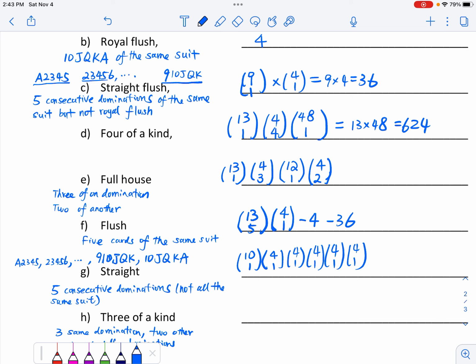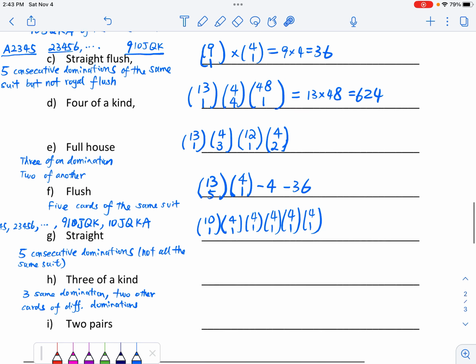For instance, suppose this is chosen, then this is like the value 10. So we have to pick one suit from the 4 suits for number 10 and pick one suit from the 4 suits for Jack, and so on and so forth. Okay, so this is my second step.